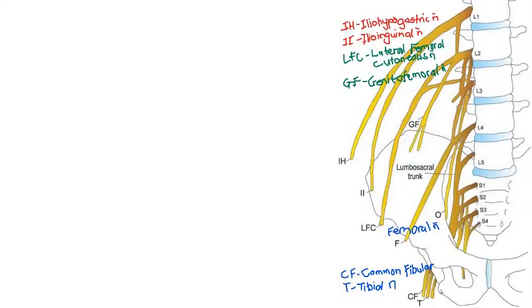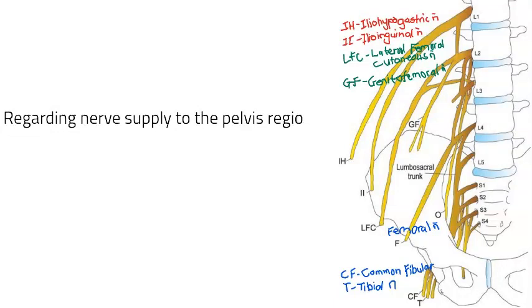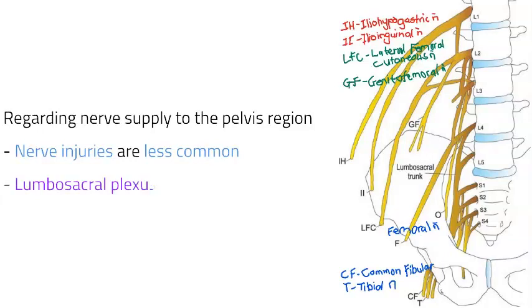The next picture illustrates the nerve supply of the lumbosacral plexus. We start off from the iliohypogastric nerve, IH, ilioinguinal nerve, II, lateral femoral cutaneous nerve, LFC, the genitofemoral nerve, GF, the femoral nerve, the obturator nerve, O, C is the common fibular nerve, and T is the tibial nerve.